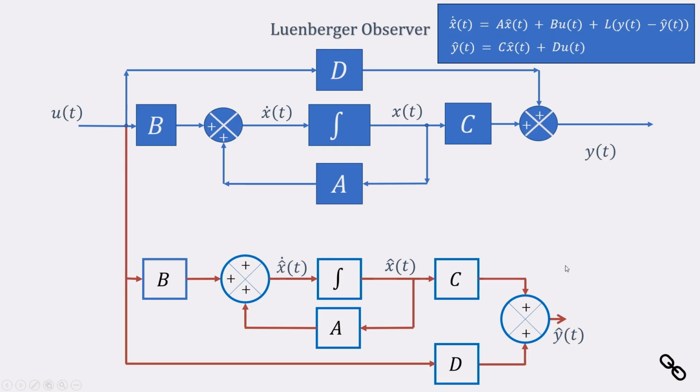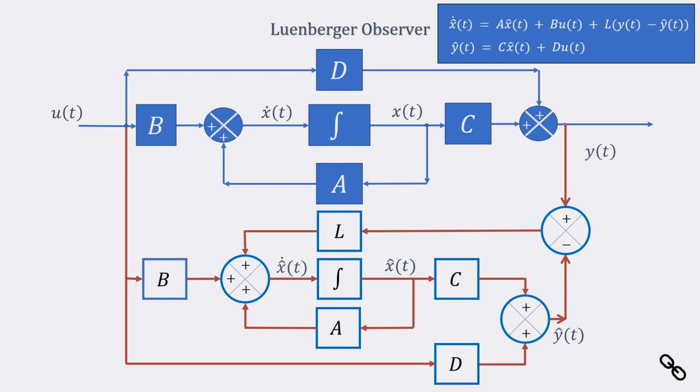However, now what we will do is we will add a feedback from the actual output, and the y hat, the estimated output, we will subtract that out and put it back into the system using L. Okay, and this brown part is your observer, and here if I tap in, I will get the x hat, and this x hat will converge to x if I choose my L carefully such that the eigenvalues of A minus LC are on the left half of the complex plane.